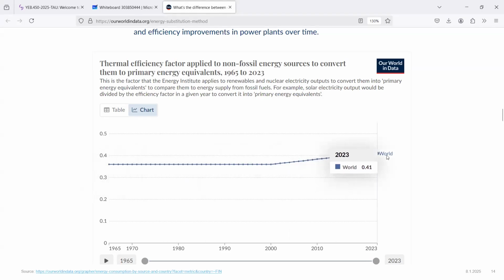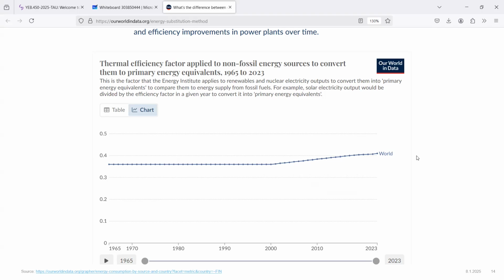So they are assuming the equivalent of this thermal power efficiency that's being increased in these calculations, they're using that to calculate the amount of wind or solar power. So you don't have just one unit of solar power. You have one unit divided by this 41. So you have more solar power, because otherwise the comparison wouldn't be fair.